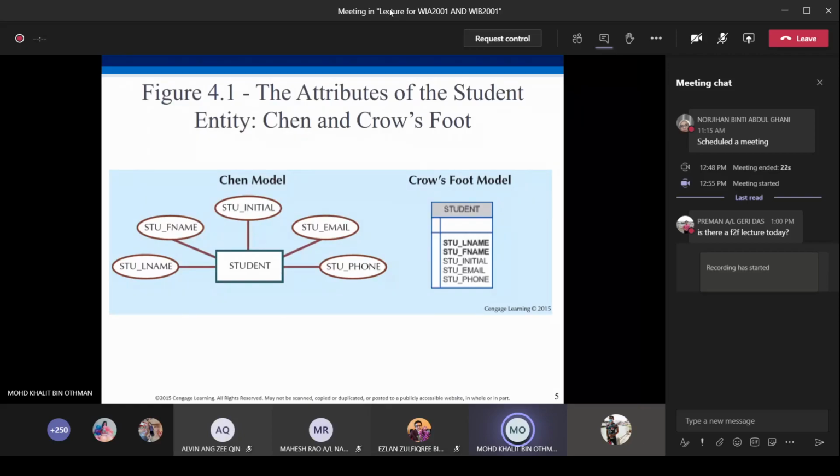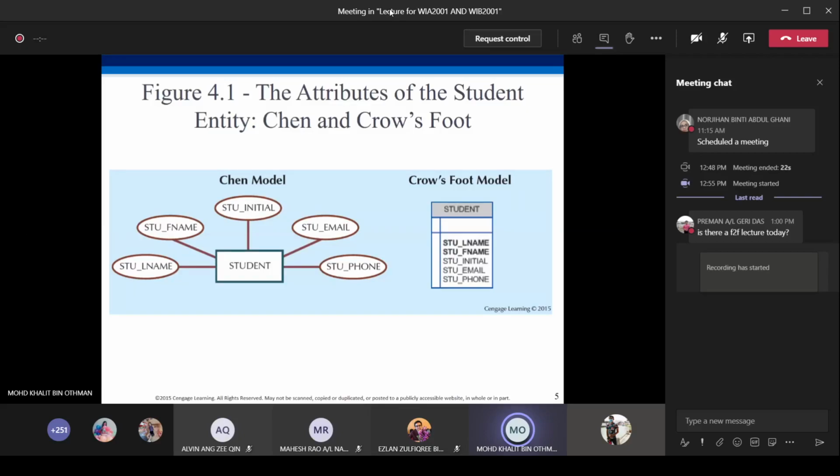We have figure 4.1. Figure 4.1 shows the attributes of the student entity. We have two types of models here that represent the entity student, which are the Chen model and the Crawford model. Based on this ER model, we have one entity called student.